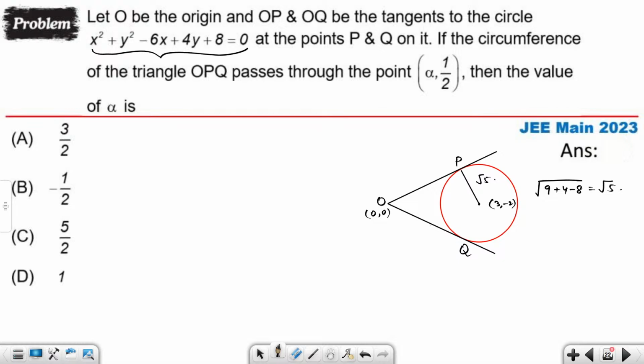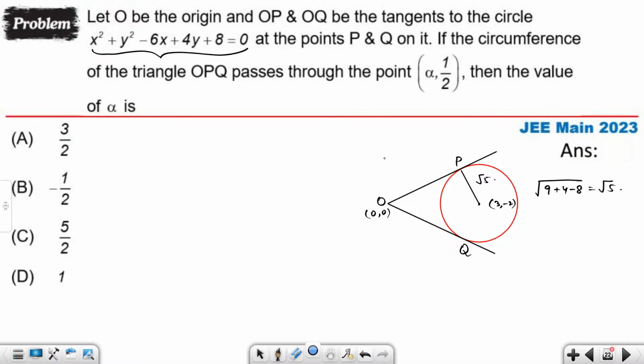Right? Okay. If the circumcircle of the triangle OPQ, see, the same question they have given. What they're saying is that there is a circle which is passing through OPQ.